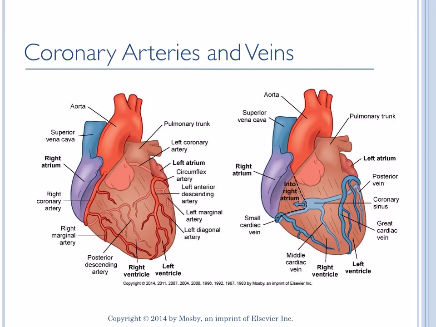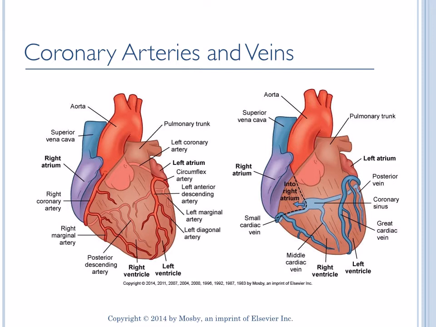The myocardium, or the heart muscle, has its own blood supply, the coronary circulation. The blood flow into the two major coronary arteries occurs mainly during diastole, which is relaxation of the myocardium.